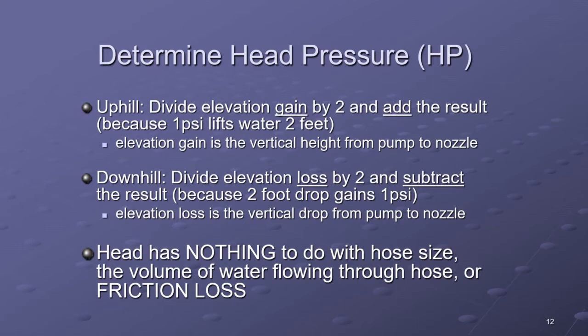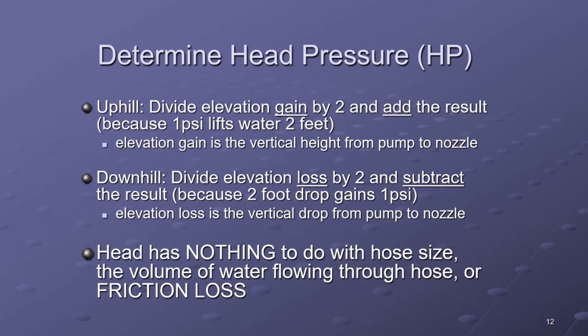That weight of water piece is just the whole gravity and elevation change. So if it takes 1 psi to lift water 2 feet, then that gives me a very simple and easy calculation to determine head pressure. If I'm pumping uphill, I take my elevation, and in this case it's elevation gain because I'm going uphill.